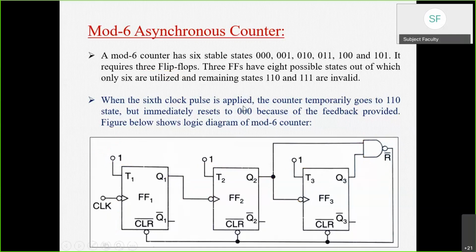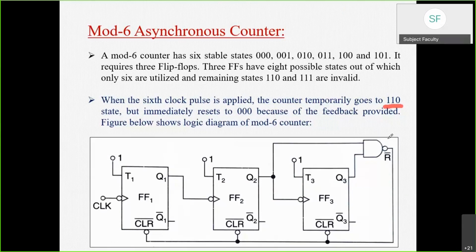When the sixth clock pulse is applied, what happens? The counter will count 6 states, and after the application of the 6th clock pulse, the counter temporarily goes into the 6th state, that is the 110 state. It will temporarily go to 110 for a very small fraction of time, but immediately after that it resets to 0 because of the feedback provided.